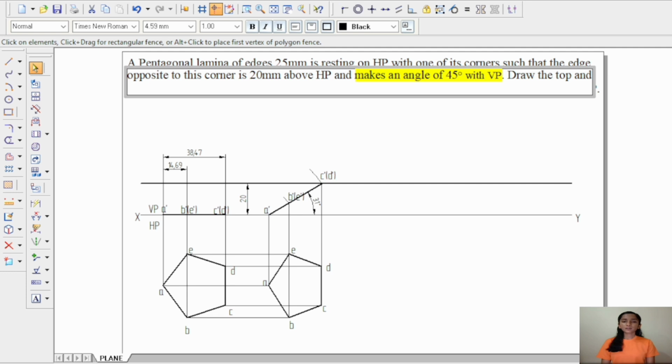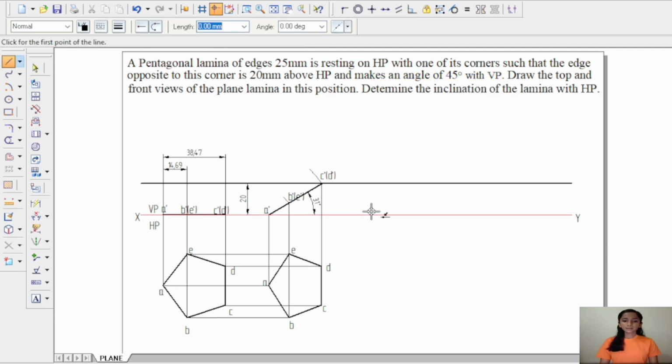And the next part of the question says that it makes an angle of 45 degree with VP, which means we have to draw a 45 degree angle below the XY line that is in HP. Now to draw the 45 degree angle, select the line command and place it on the XY line.